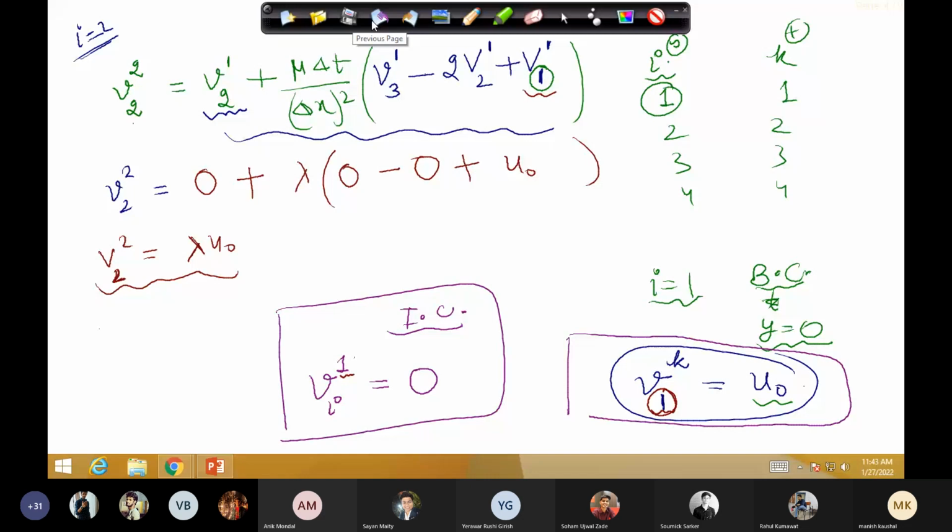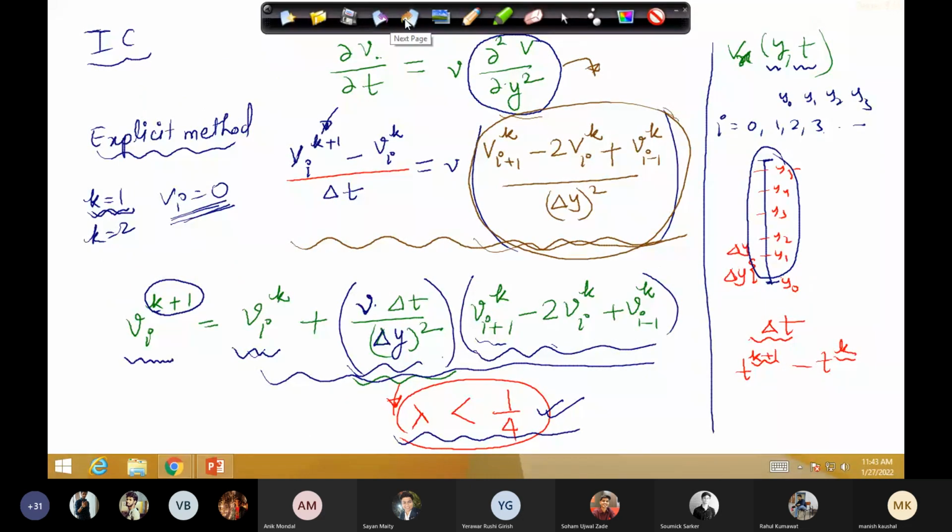Let me write the equation again on a fresh page, because it's important and you should learn. So first let me write it, and then you tell your doubt. There is no confusion at all. So I am writing it here. V of i, k plus 1 is equal to V of i, k plus lambda times, where lambda is nothing but mu delta t by delta x square, where delta t is your time step and delta x is the space step.